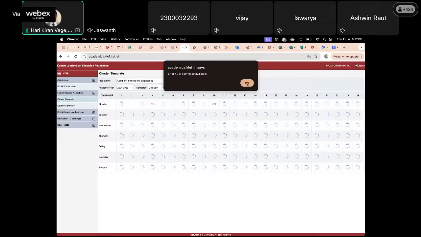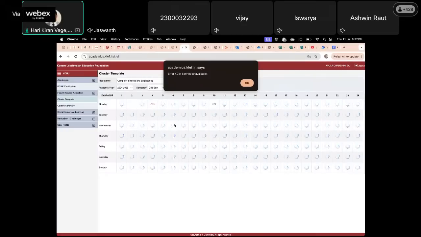The timetable for the cluster is loading. It will take a bit of time to load. This is where you will see the cluster template. So cluster one, what is the timetable looking like on Monday, Tuesday, Wednesday, Thursday, and so on? Cluster two, what is the timetable looking like on Monday, Tuesday?